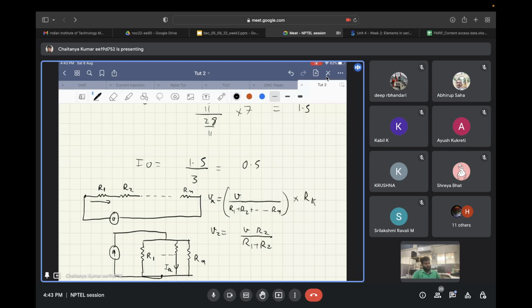So you can also try to find the expression for this. Please try it out at the end of the session. Let's proceed for now.